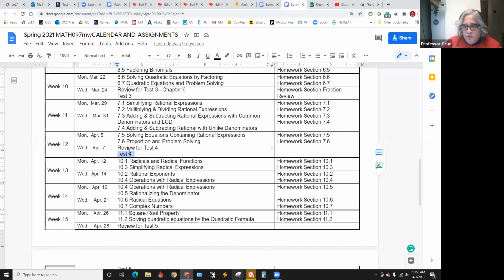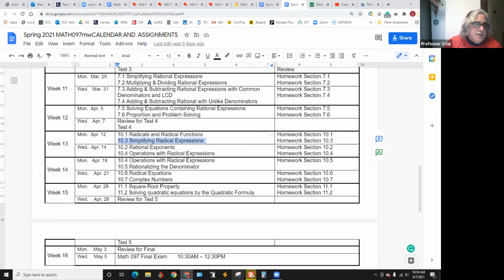All right, just realize that next week we'll be starting the last chapter, which also has 2 sections from 11. And the good thing about this is it allows you to solve some equations without having to factor.